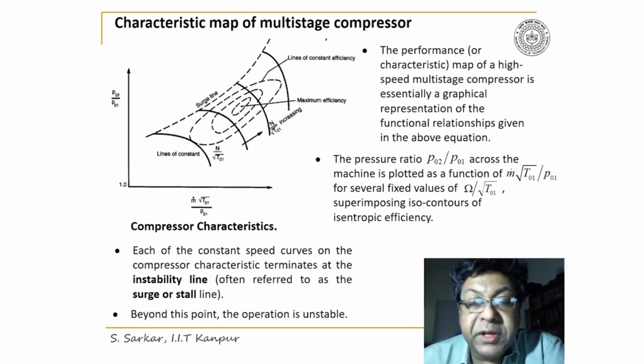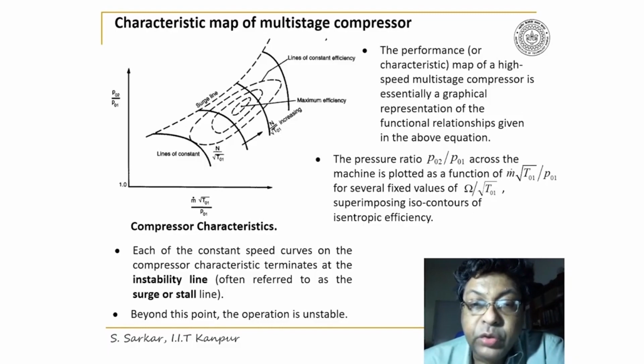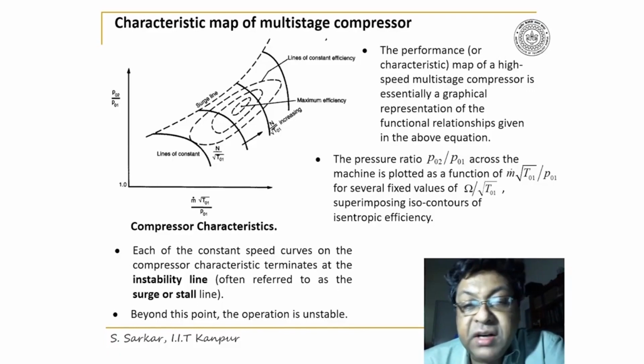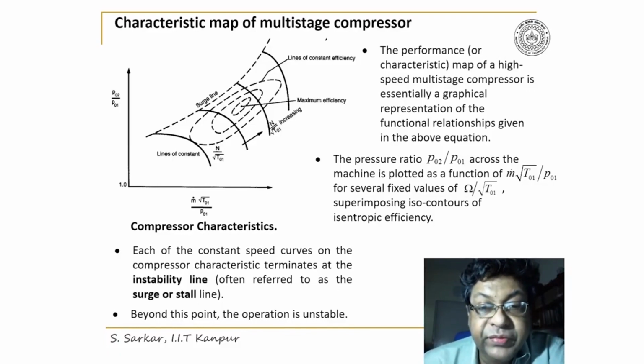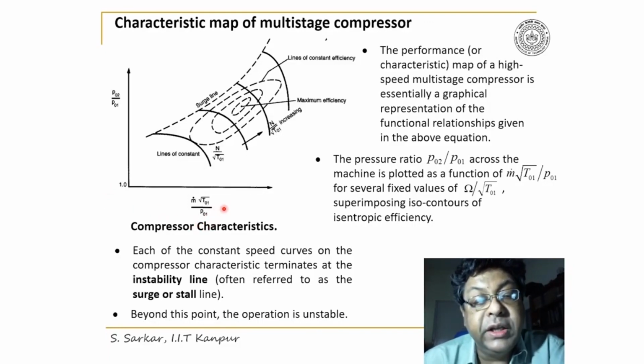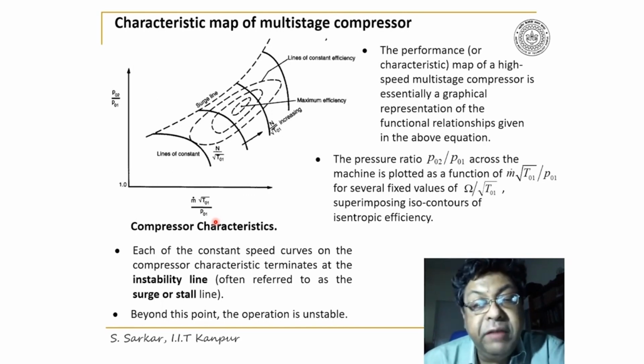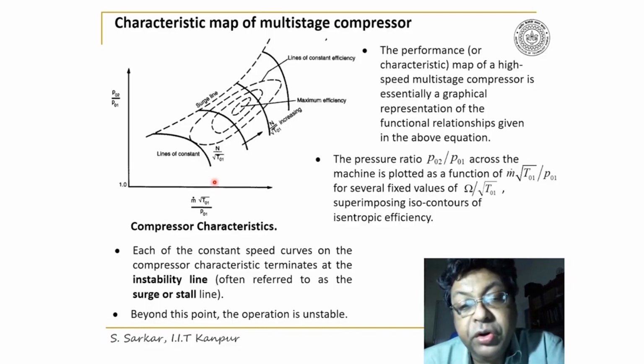Here the performance map has been presented graphically, which was represented in functional form earlier. That's why here P02 by P01 is expressed as a function of m dot root over T01 by P01, which is the flow capacity, for different speeds, that is omega by root over T01.